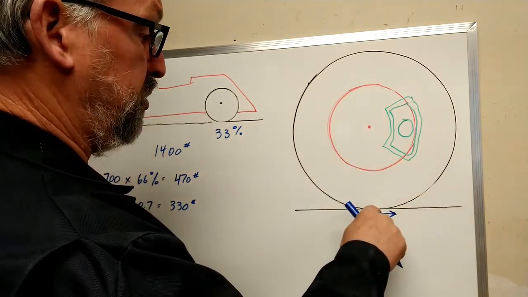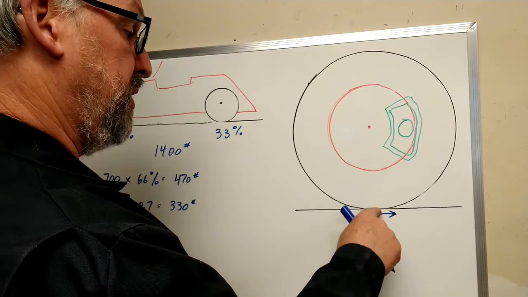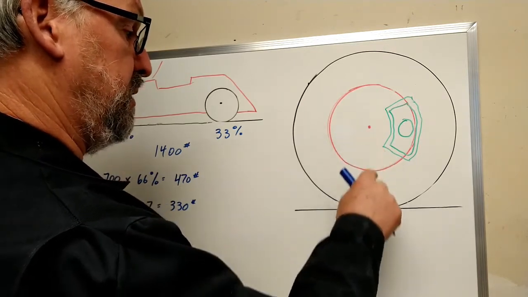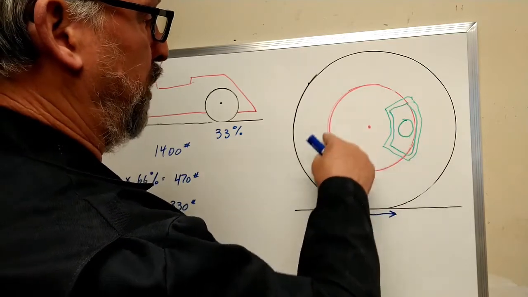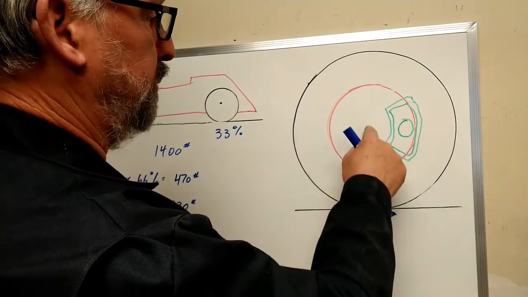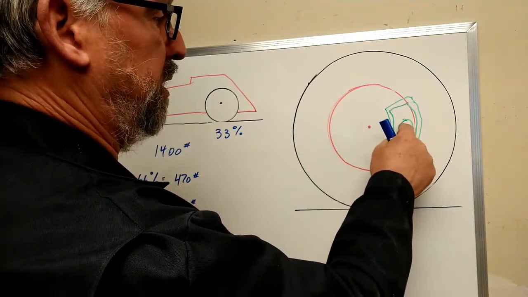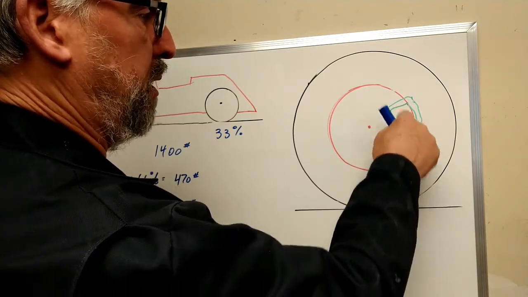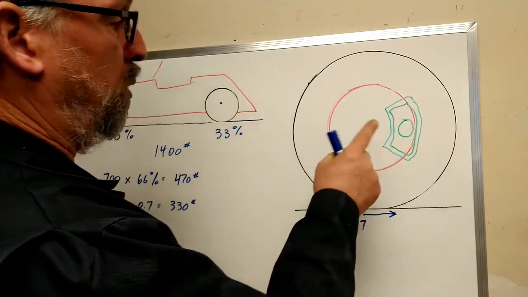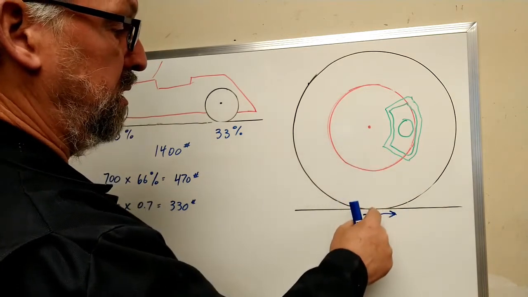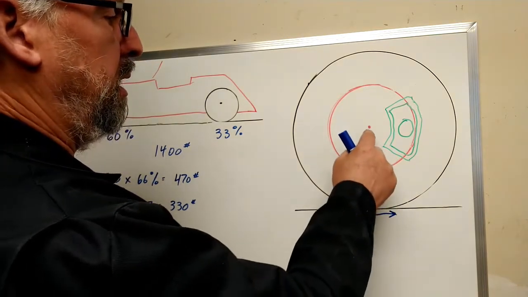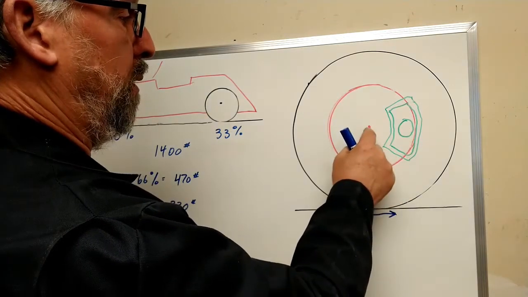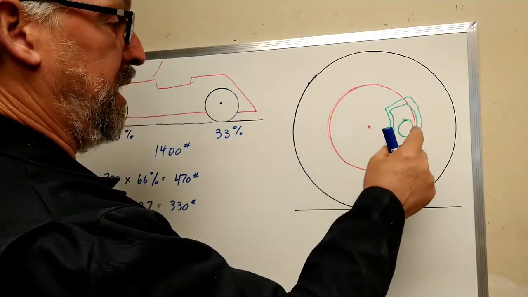The torque is this force times this distance, and has to equal the braking force on the rotor times the distance from the center to the middle of the pad. On my car, this distance is 280 millimeters, and this distance is almost exactly 100 millimeters average.